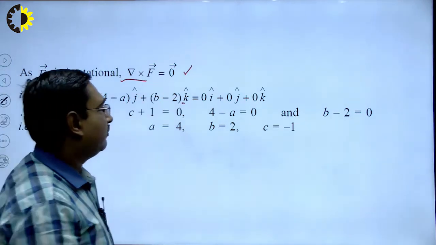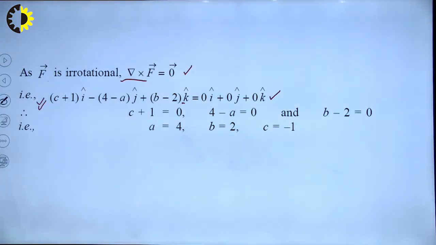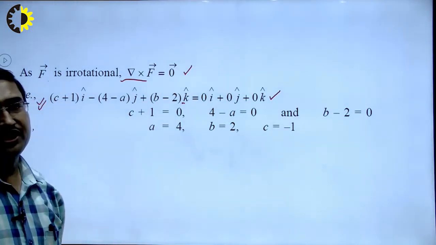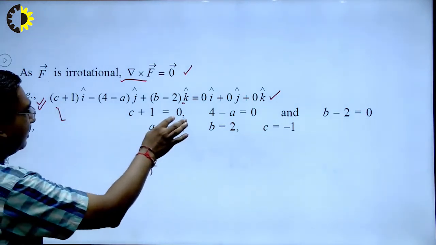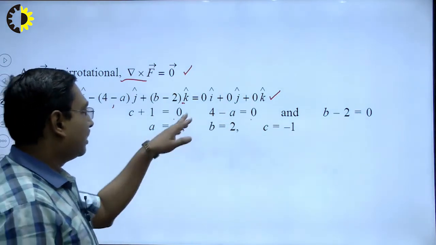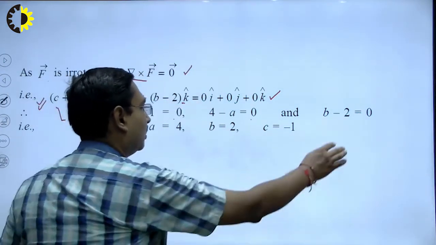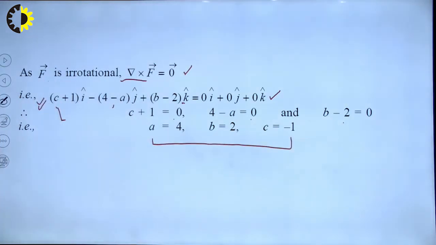Because this 0 vector is 0 i cap plus 0 j cap plus 0 k cap, I can compare coefficients of i cap, j cap and k cap, and it gives c plus 1 equals 0, 4 minus a equals 0, b minus 2 equal to 0, and I obtain a equal to 4, b equals to 2 and c equals to minus 1.